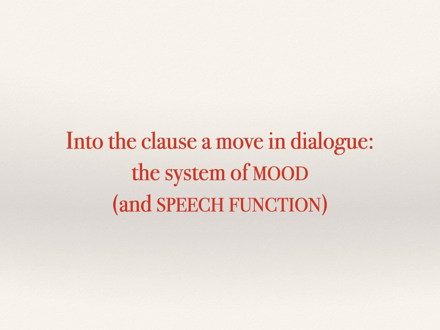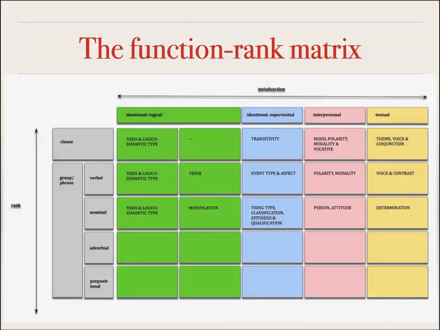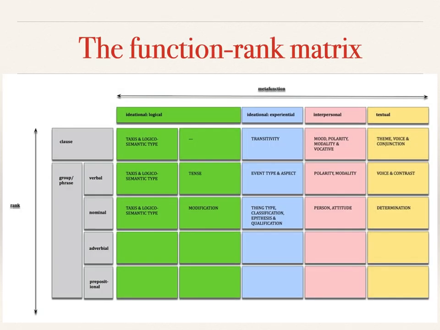But we will also need to refer to the semantic system that is key in the organization of dialogue, in the exchanges in dialogue. So as we build up the description of mood, we'll refer to the way it realizes the dimensions of speech function.